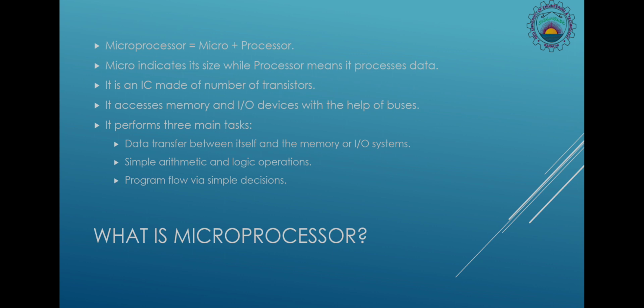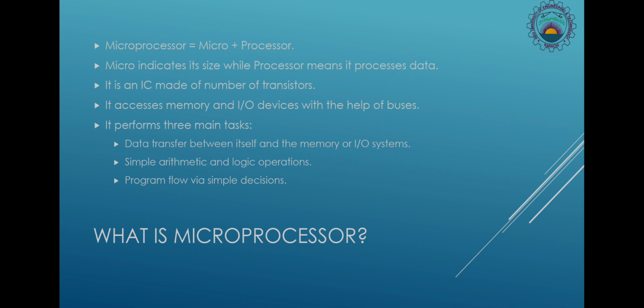Number one is decodable data, and number two is non-decodable data. And the details of these types of data will be coming in the coming lectures. And a microprocessor will be available in IC form, integrated circuit form, and that IC will have a number of transistors in it to generate microprocessor operation.